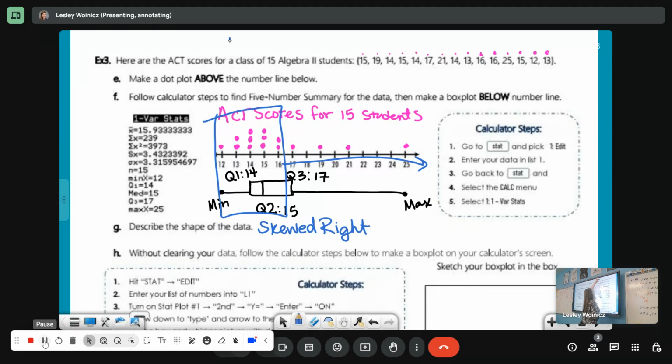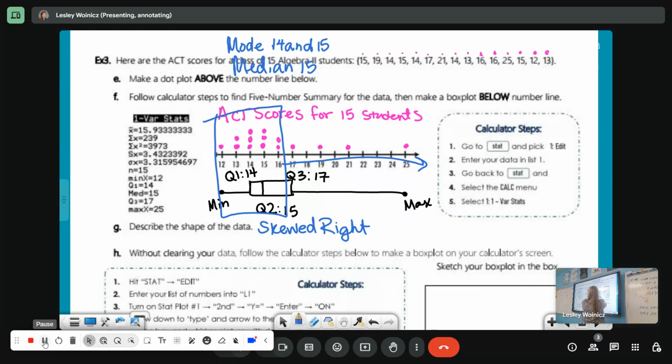So the mode was 14 and 15. Okay, what was our median? 15. Okay, do you see that those are both solidly in the lump?